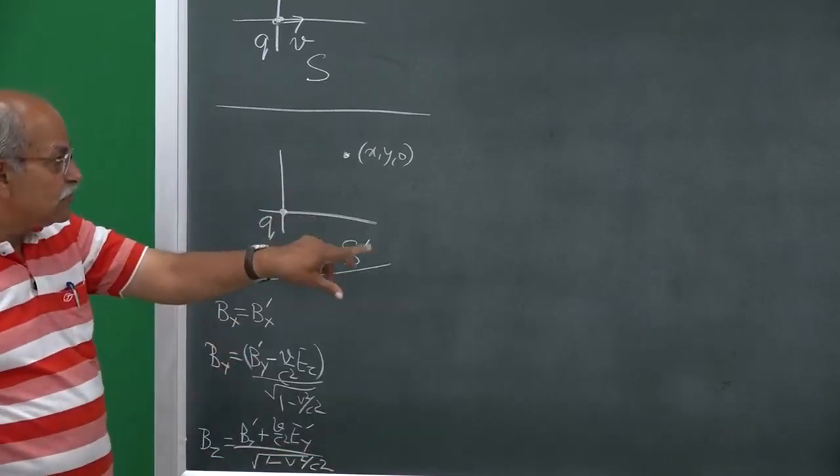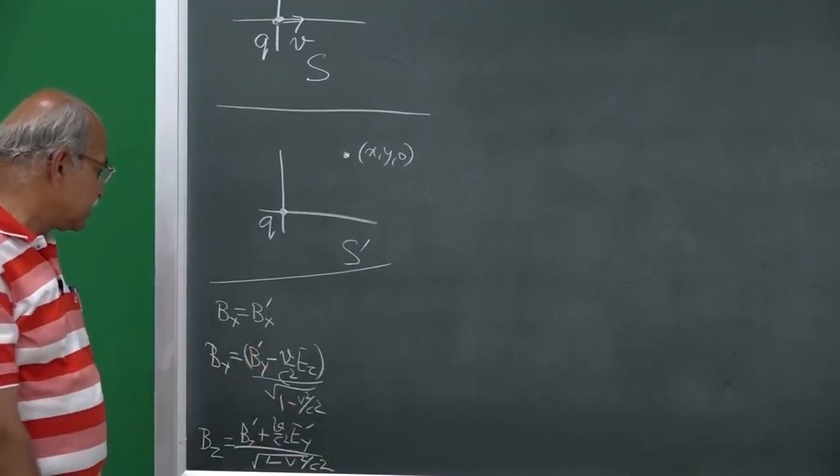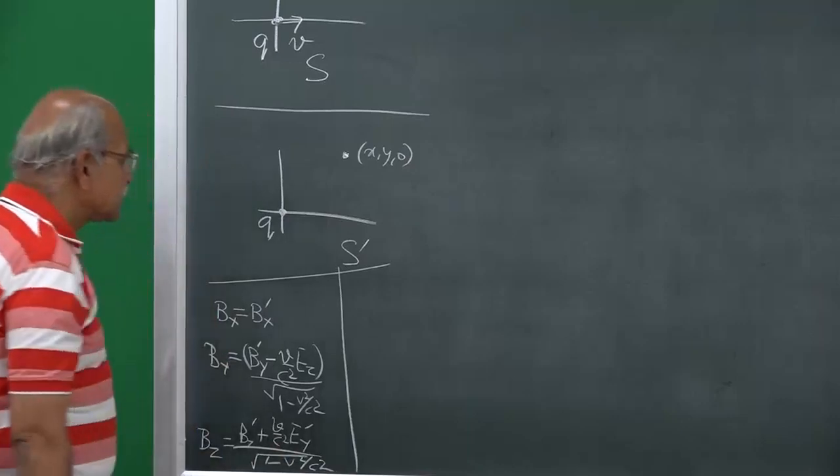So, change V to minus V, and primed and unprimed symbols you have to change. So, these are the transformation equations.